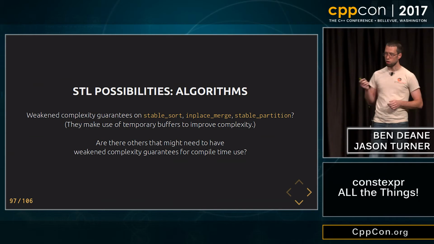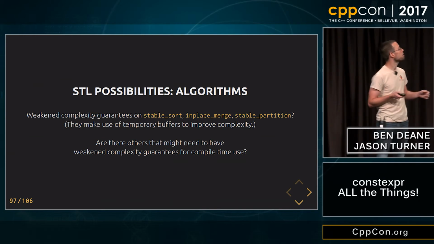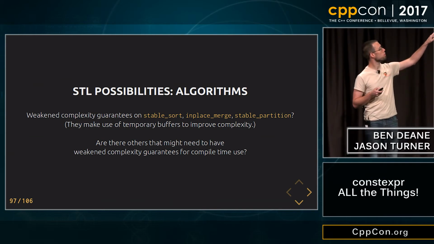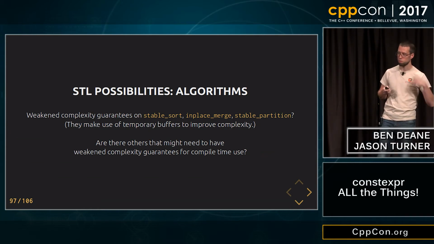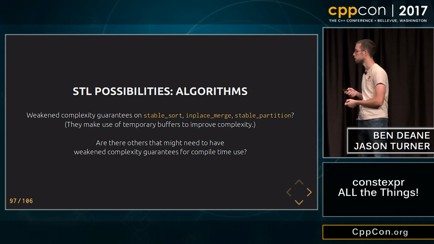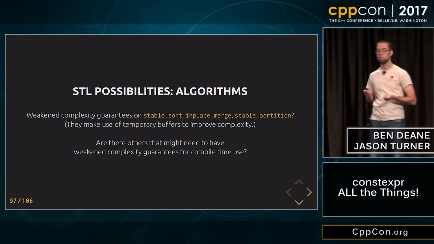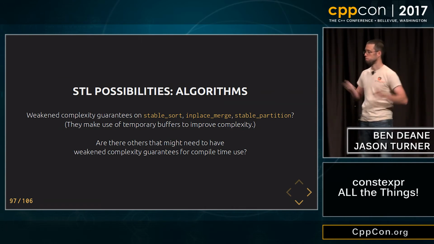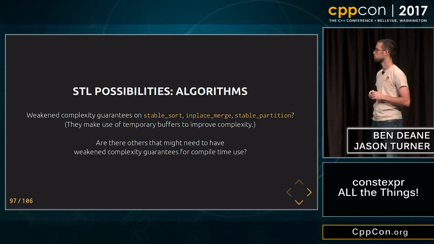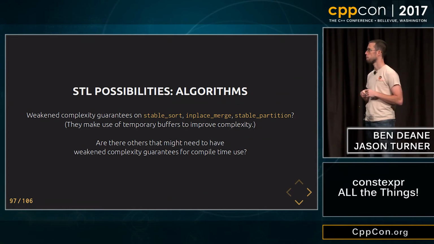As we already said, all the algorithms need to be constexpr. These three, stable sort, in-place merge, and stable partition, all have the option of allocating memory at runtime for efficiency complexity guarantees, right? Yes. But the way the standard is actually written, they are allowed not to do that and fall back to a weaker complexity.